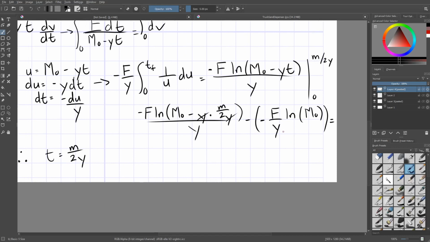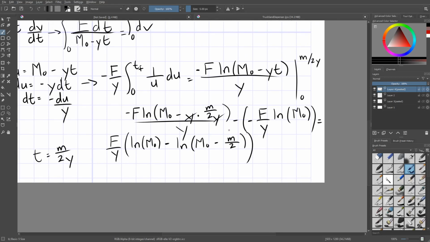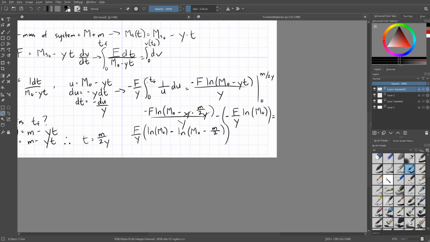Now, we can ultimately recombine these, so I'll write this out in 2 steps, just so that we're clear. We can rewrite this as F over gamma times the natural log of m naught minus the natural log of m naught minus m over 2.